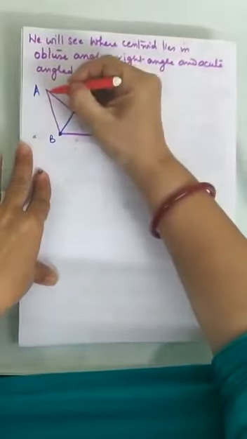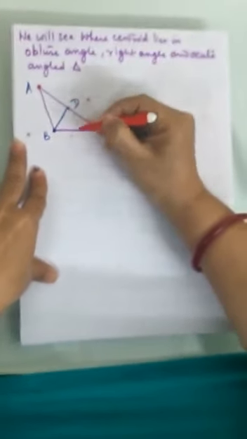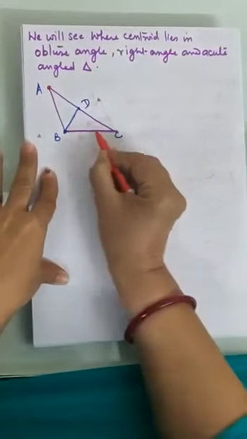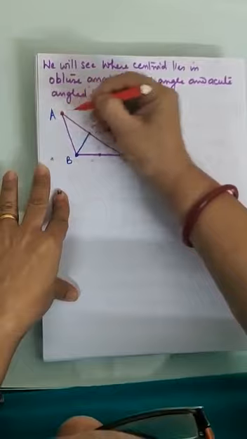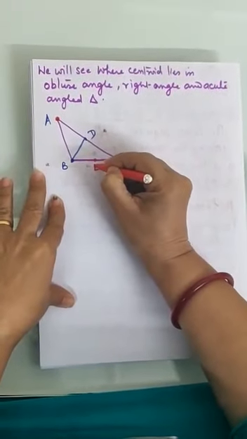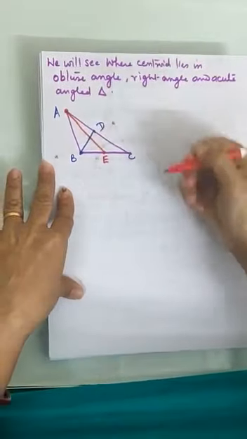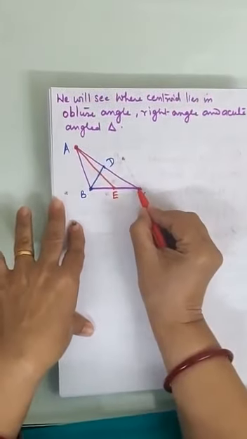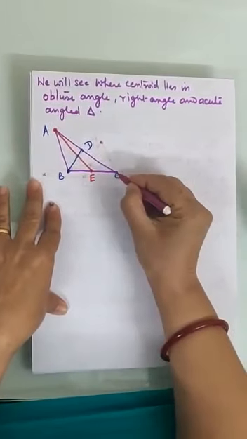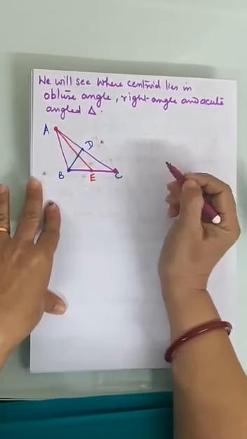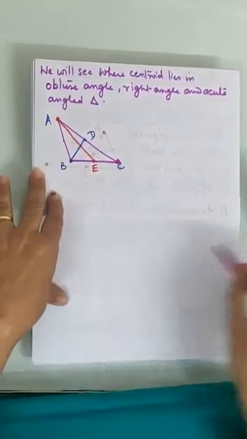Now let us take A. Opposite side is BC. Let us mark the midpoint of BC. Say this is the midpoint of BC. So mark it E and join AE. Now let us see the third point. Third point is C. And somewhere this is the midpoint.